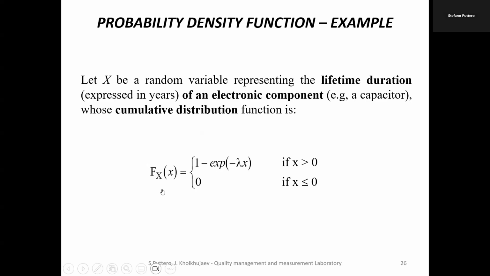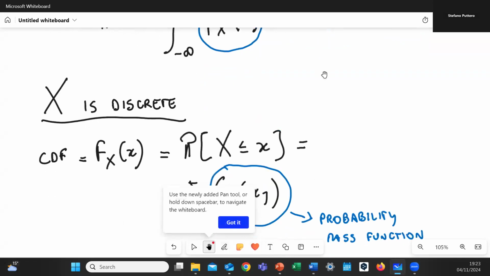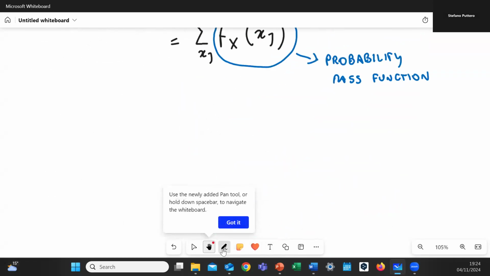So let me take the whiteboard just to understand this very important concept.